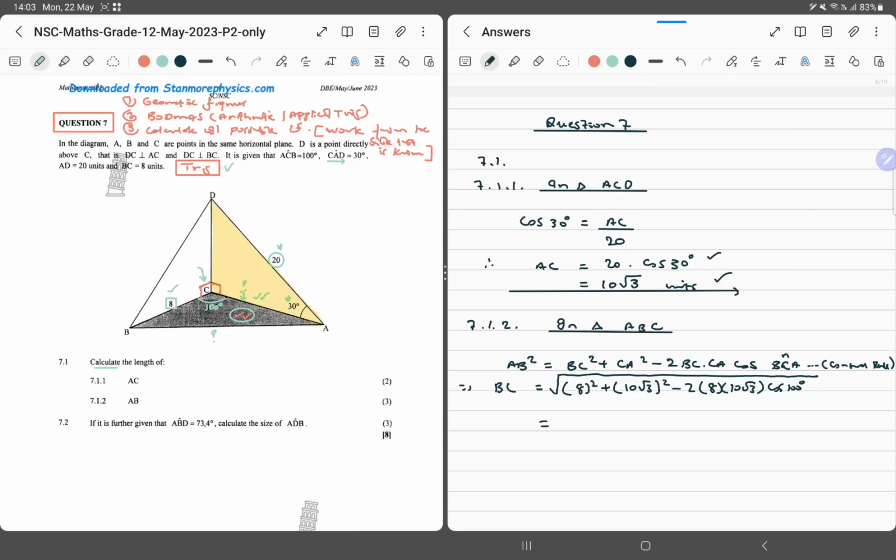Okay, so if it kills me, it kills me. Now this is 20,30 units.